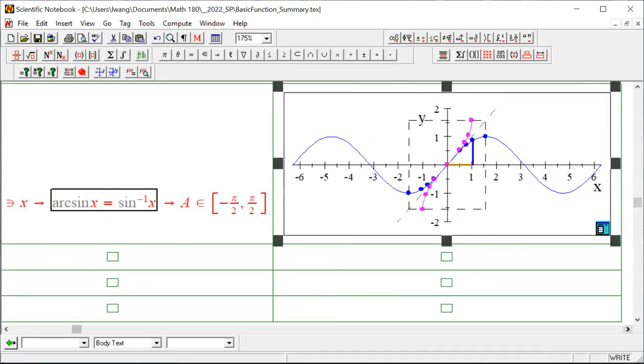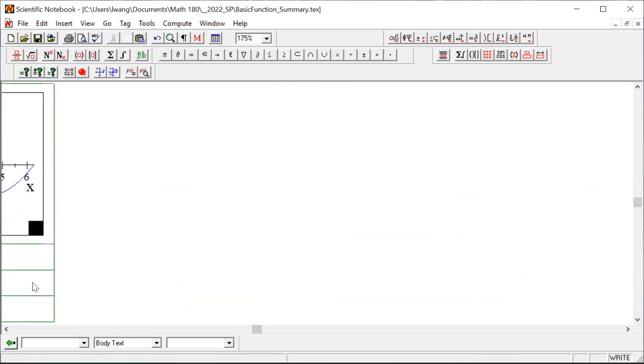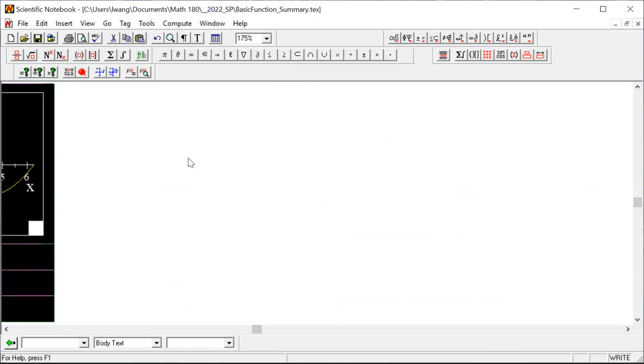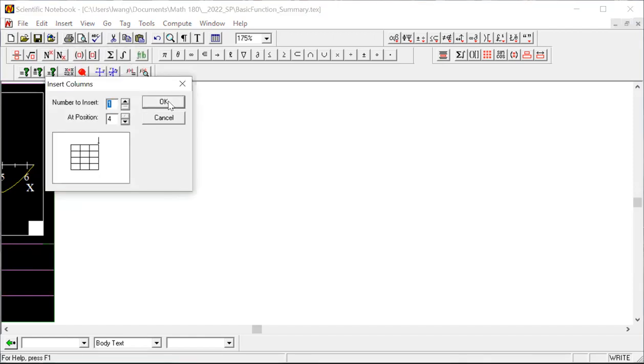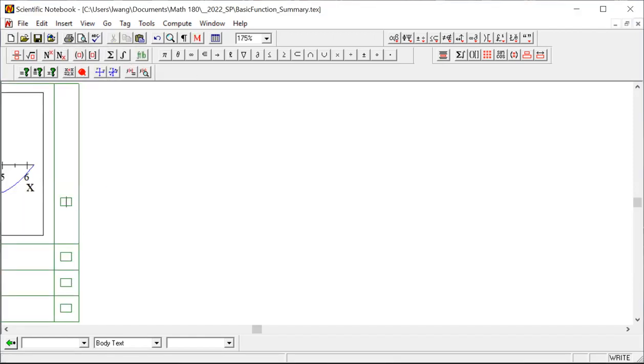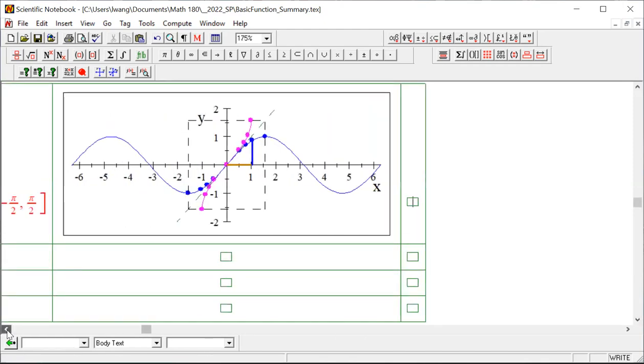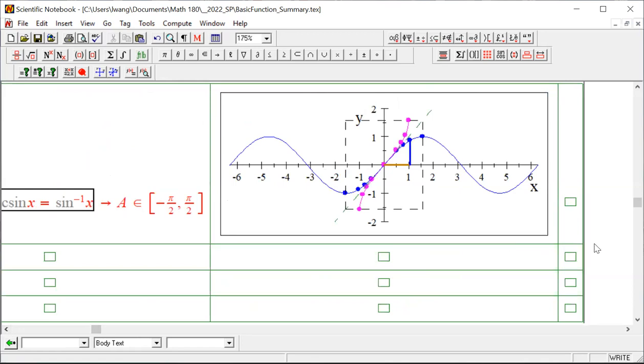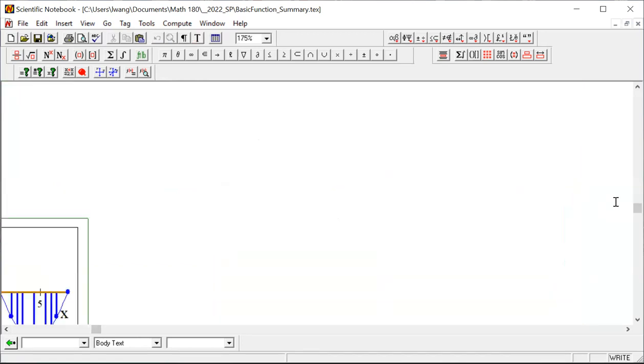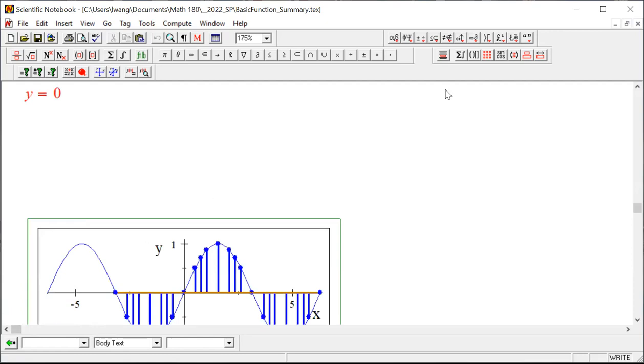On the unit circle, I'm not going to draw the unit circle, but I'm going to draw something like this. I hope you will understand what I'm saying. It's the rectangular system. Which quadrant is left?